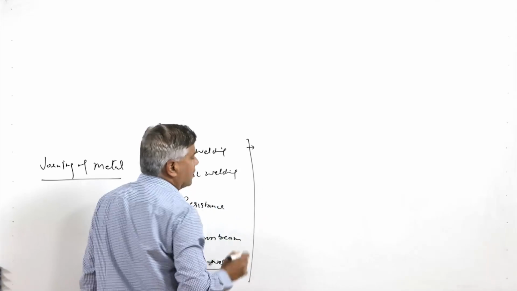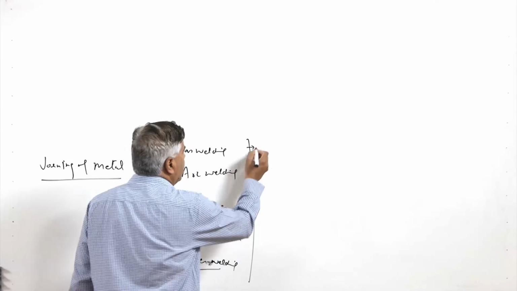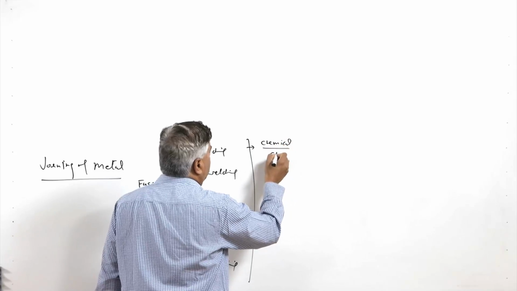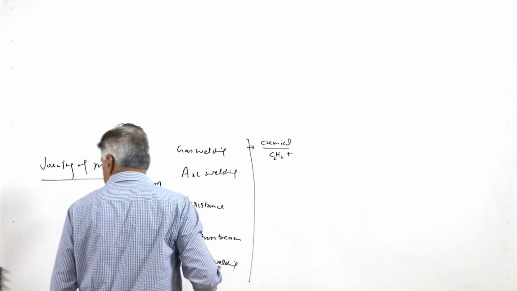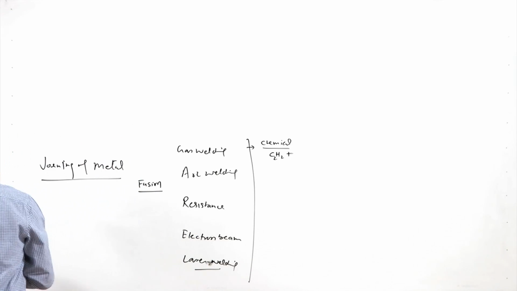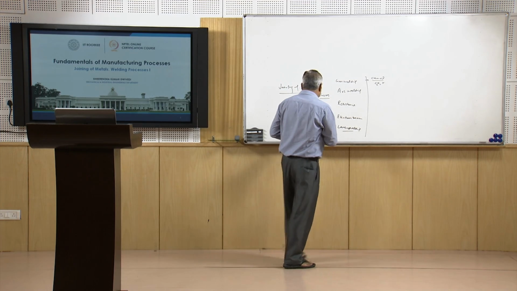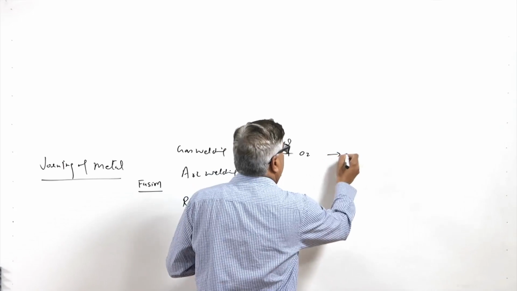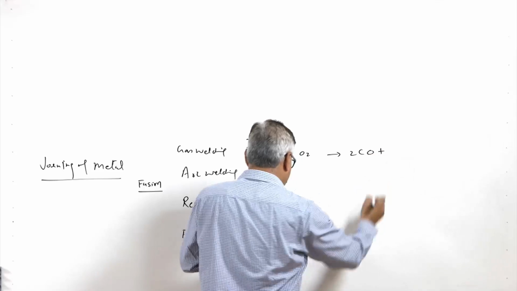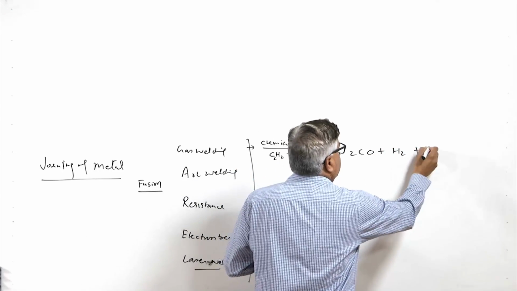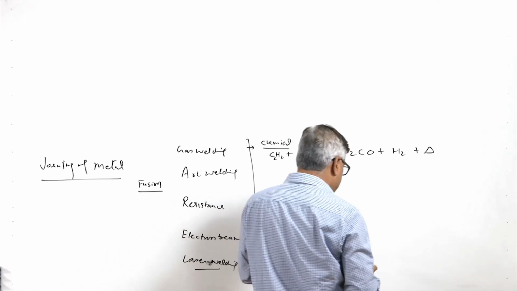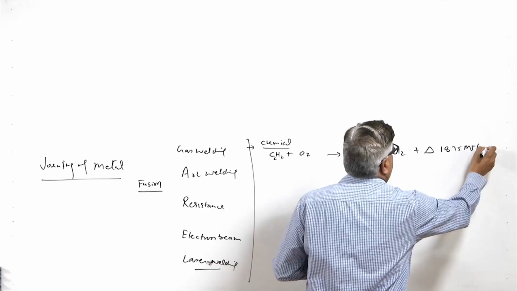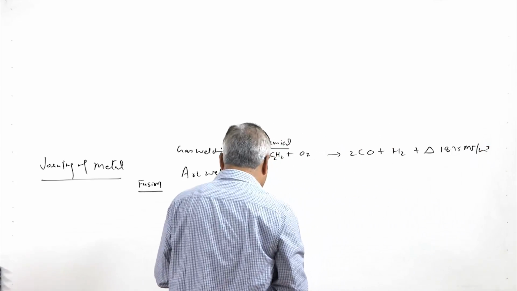Here, gas welding involves chemical reactions where the most common fuel gas, acetylene, is burned with oxygen, so that it produces carbon monoxide CO plus H2 plus some amount of heat, which is about 18.75 megajoule per meter cube of the acetylene.